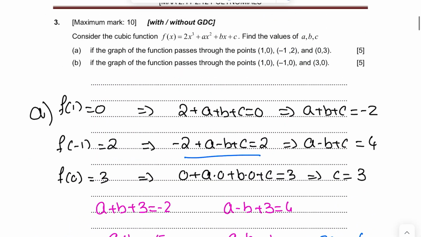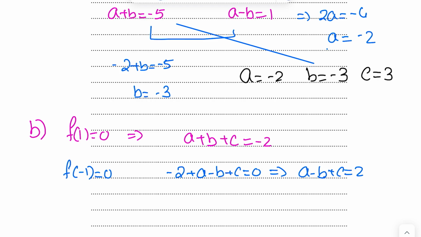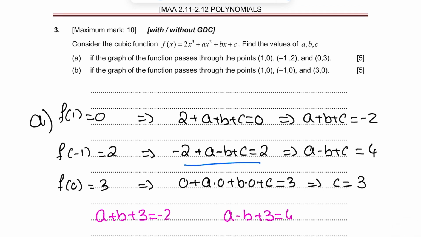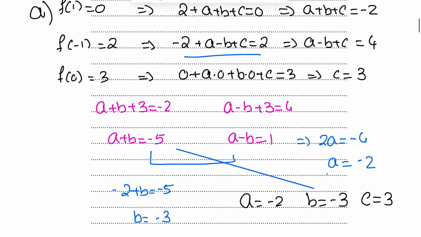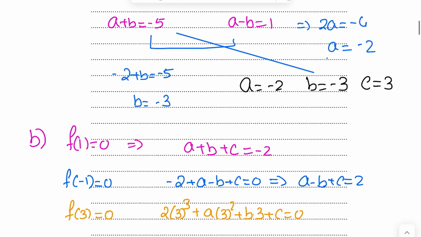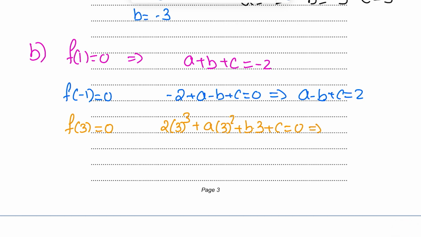Then f of 3 is also equal to 0. So f of 3 equals 0 means, plug in 3 over here: 2 times 3 cube plus a times 3 square plus b times 3 plus c equals 0. 3 cube is 27, 27 times 2 is 54. So I get 9a plus 3b plus c equals -54.